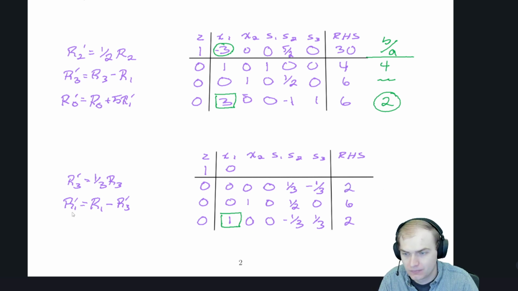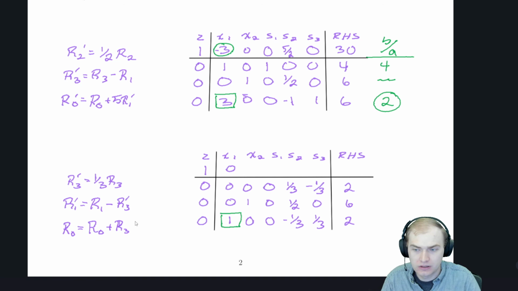And then we're just left with the objective row. We've got a negative 3 up there and a 3 here, so that divides in evenly. So I'm not going to use the prime. I'm just going to say R1 plus R3, not prime.